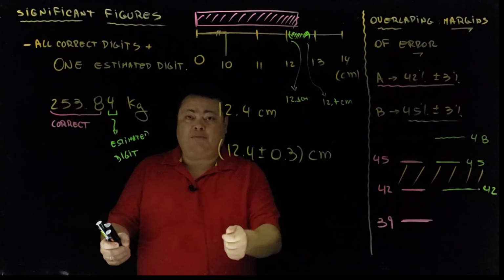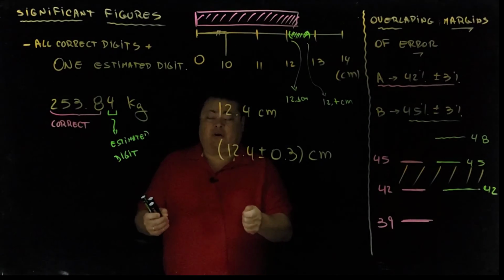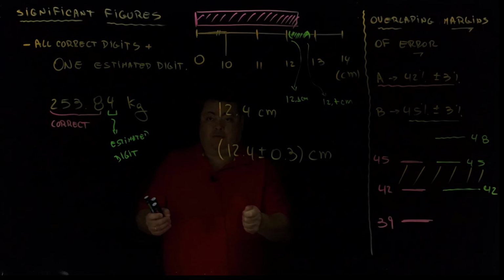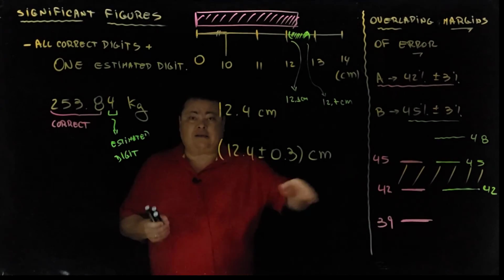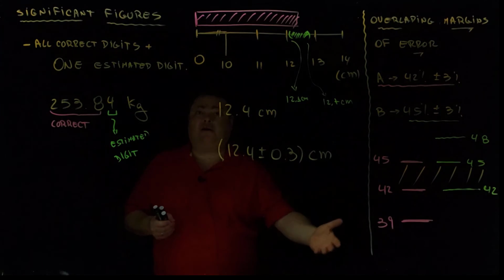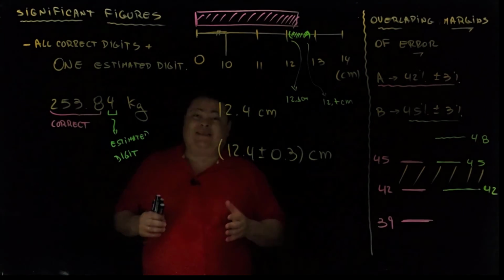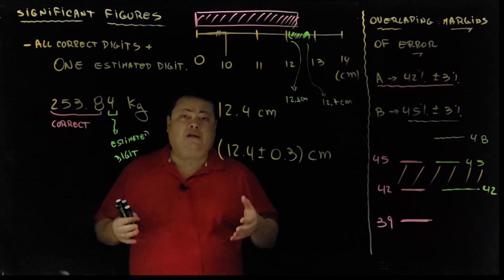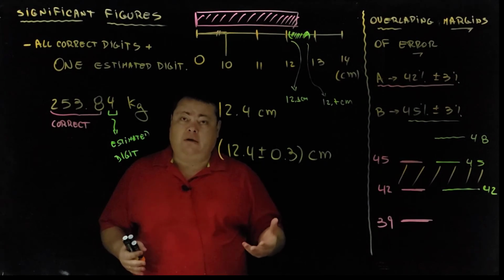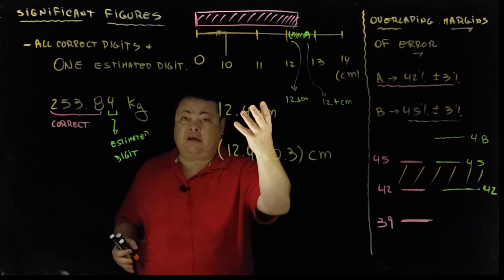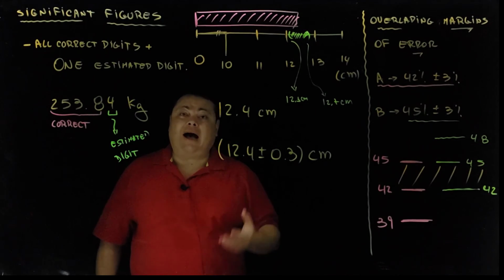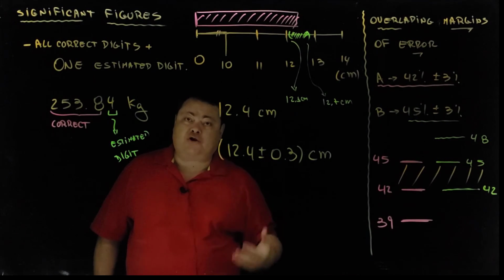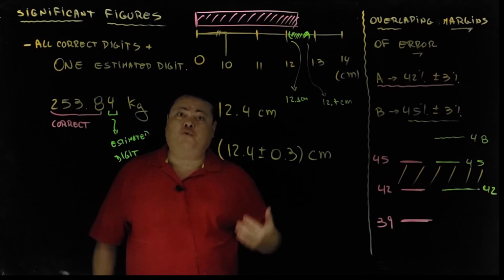The same meter stick, the same object, but somehow I need to place it farther away, I get a different result. If this object is moving as I'm trying to measure, it's going to be even harder. So the precision and the margin of error of my measurement is determined not only by the instrument itself, but also by how the measurement is performed, by how I'm doing my lab.